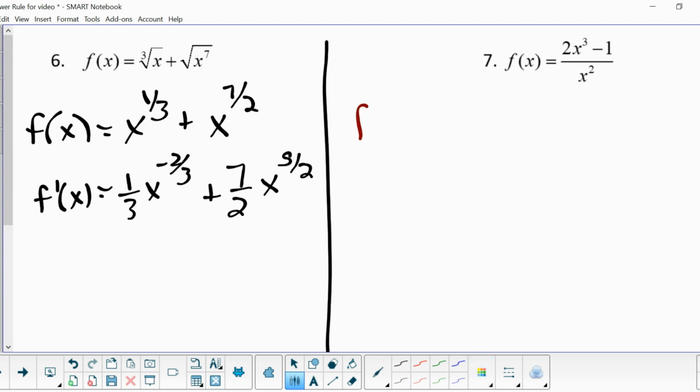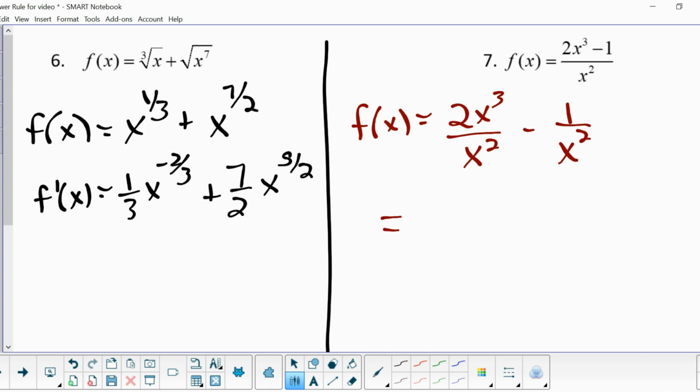Okay, this one, the first thought is usually to turn that x squared into x to the negative 2, but you're actually better off rewriting this as two separate fractions. Since there's just one thing in the denominator, I'm going to separate it into two fractions. When I separate that, the first part simplifies very nicely to just 2x.